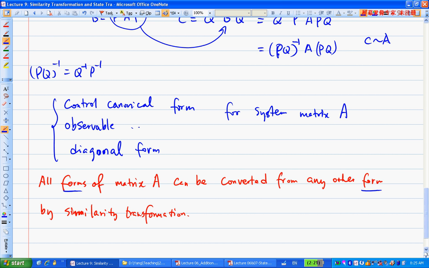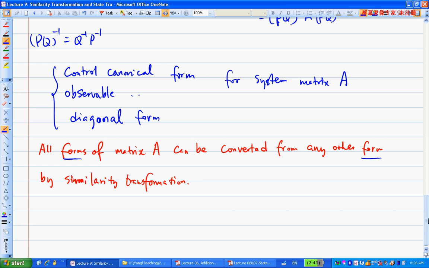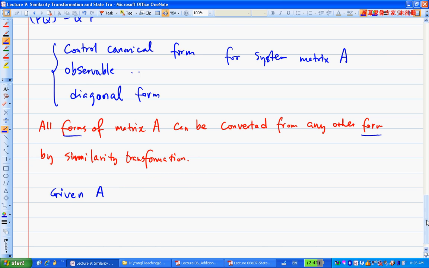Or they can be any general matrix format without a name. So your immediate question will be: given A from a certain discrete state space model, how do I convert this A to the diagonal format?